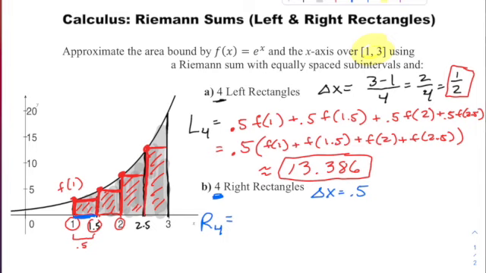So I'm going to go right to my factored version. They're all going to have 0.5, 0.5, 0.5, 0.5. I'm just going to add up all the heights, and the heights are going to come from the function. But that first interval between 1 and 1.5, you're going to use 1.5, the right side of the interval, where that hits the curve. And so you can see that rectangle is actually going to be a little bit over the curve, but that's okay.